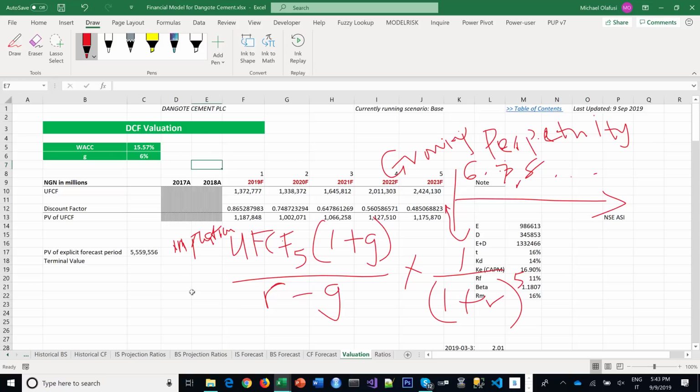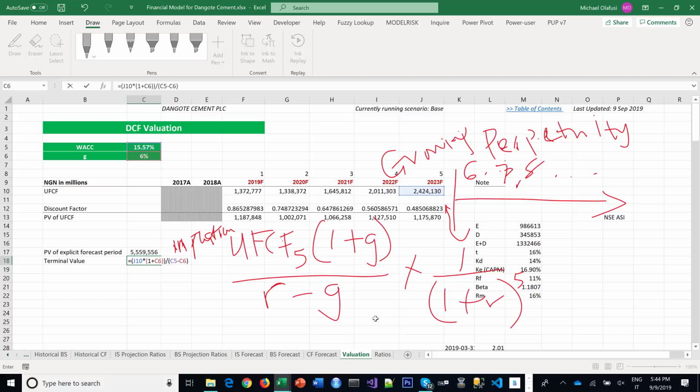All right, this is the formula, so I'm going to leave it as it is so you can follow along. So cash flow in the fifth year times, it's growing at that long-term growth rate, small g. I close the bracket. Now all of this is divided by the discount rate minus the small g.